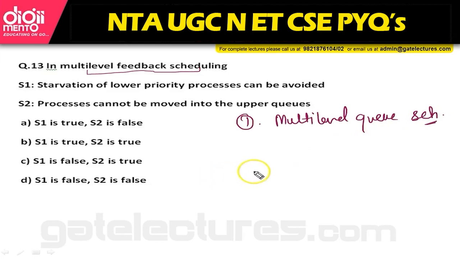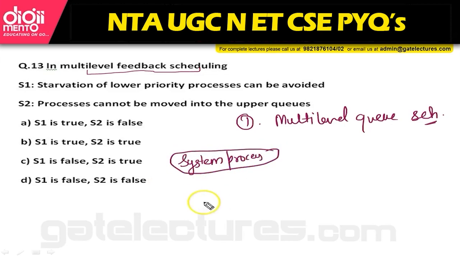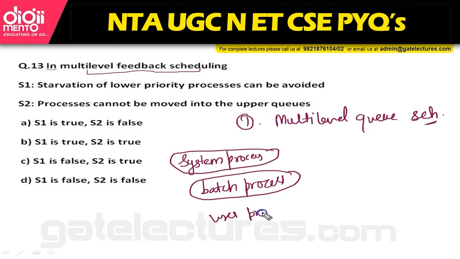What I want to say is, what we do in multi-level queue scheduling algorithms is we categorize the processes and group them together to form different queues. Like I have a few system processes, and let's say I have a few batch processes. I am categorizing processes on the basis of their type. And let's say I have a few user processes, or you can say interactive processes.